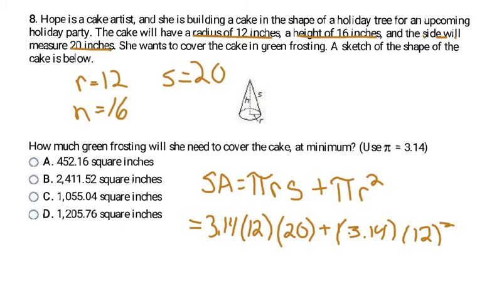And so when I go ahead and work that out, I get an answer of 1,205.76, and I'm working with area, so my units is inches squared. So my answer is D.